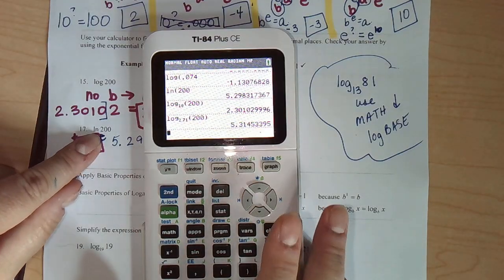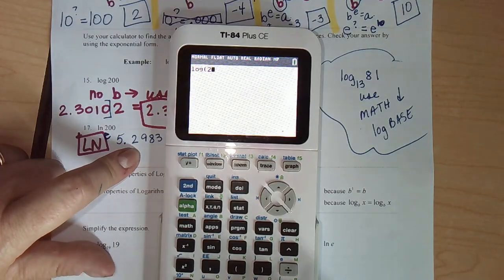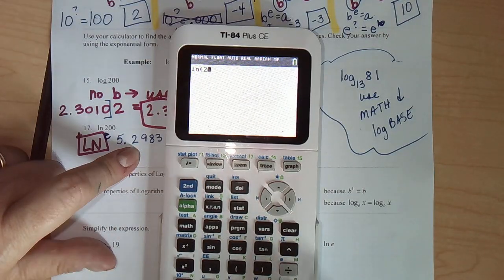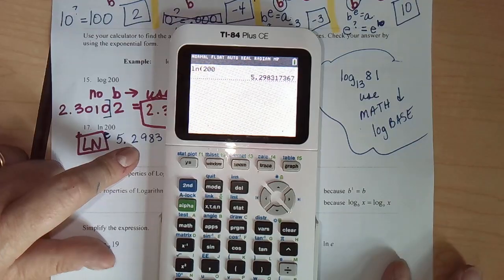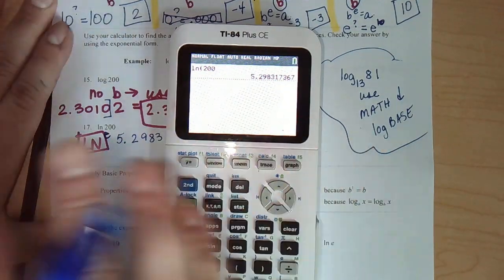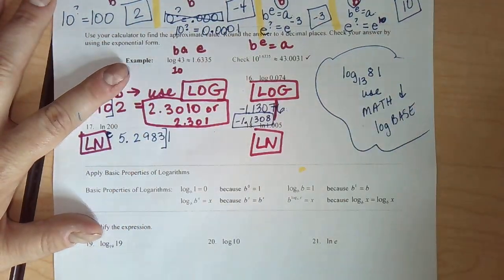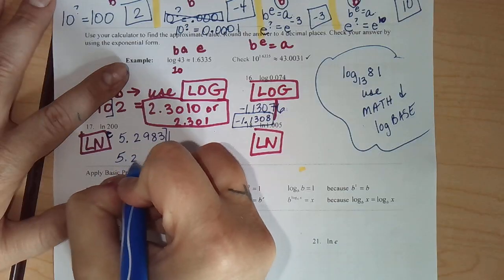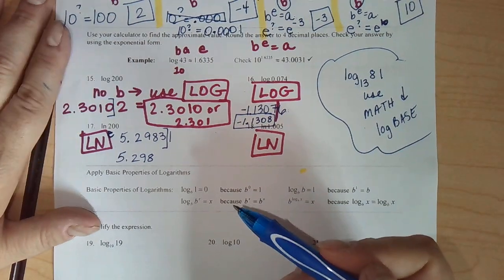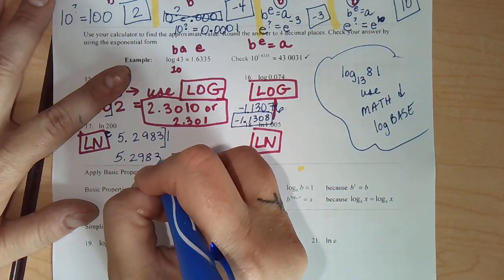Or is it 2.17? I can't remember. Anyway, pretty close. So I just did ln200. I wrote down 5 after the decimal. Let's round to the 4th. So we're going to have 5.298 what? This 1 is 4 or less, so we're going to let it rest at 83.